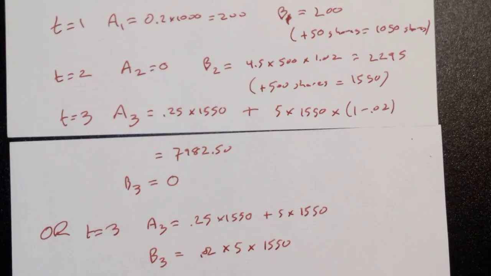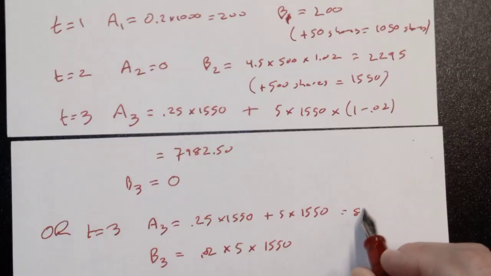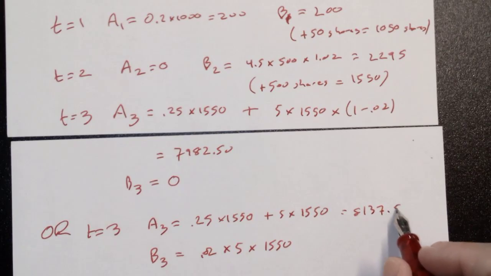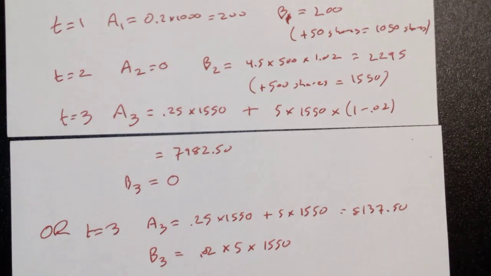And if I do that, then this number is 81.3750. This is $155. And if you take the difference, you get 79.8250. So yes, you can do it either way.